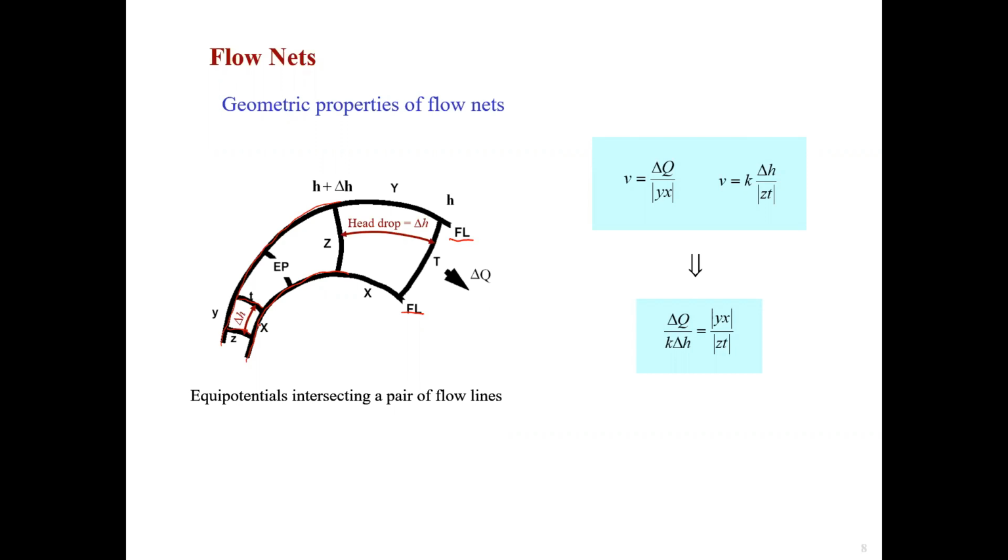For the small element, only this one, XYZT in the left figure, suppose that the flow per unit width. By saying per unit width, I mean the unit width in the direction perpendicular to the screen.